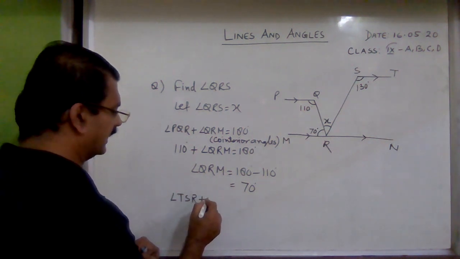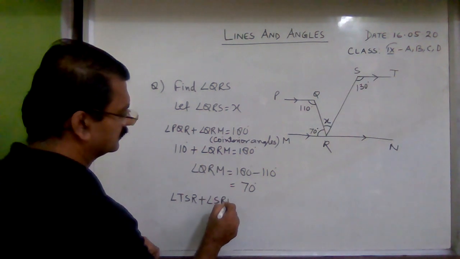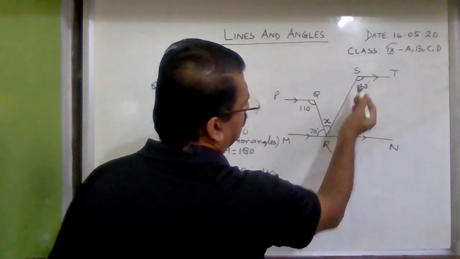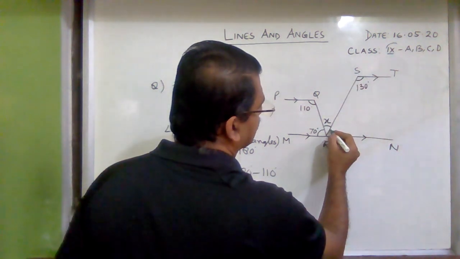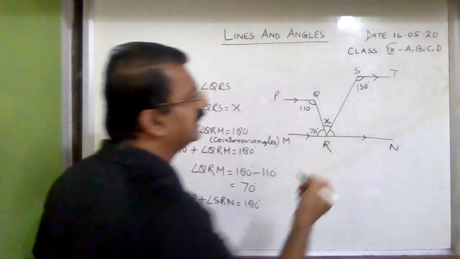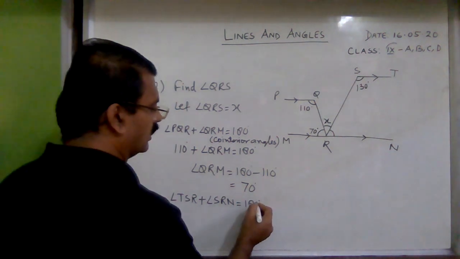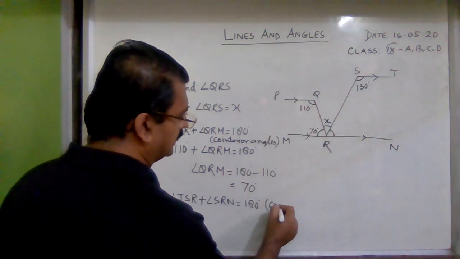Now angle TSR plus angle SRN is equal to 180 degrees. TSR means this angle and SRN means this angle. Their sum is again 180. You can see the reason is the same: they are co-interior angles. So again you write down the reason, co-interior angles.